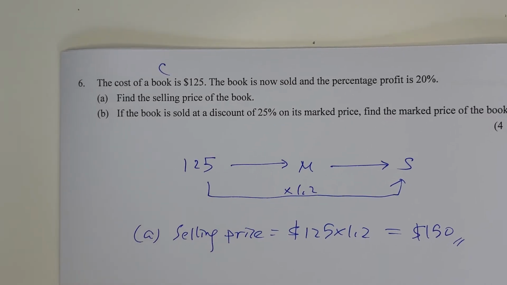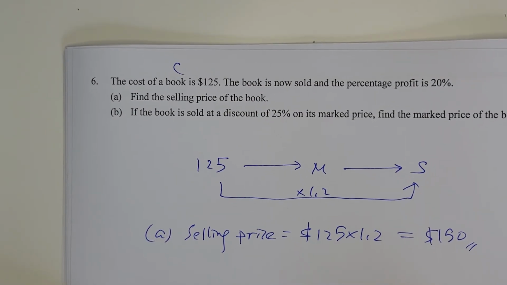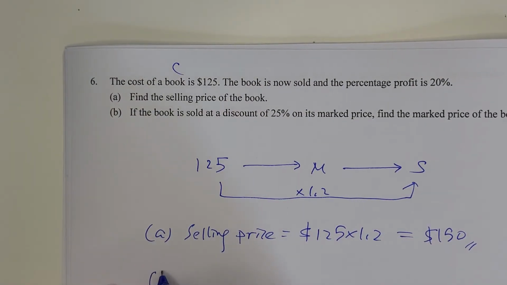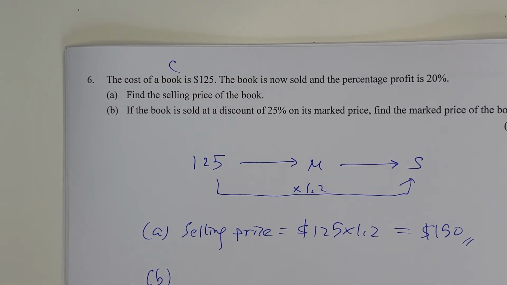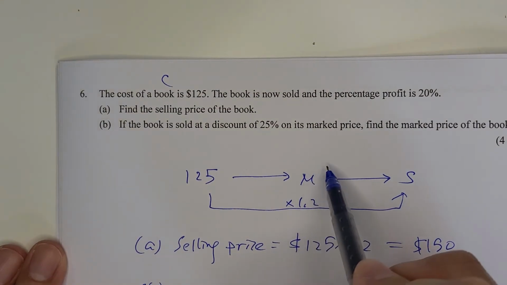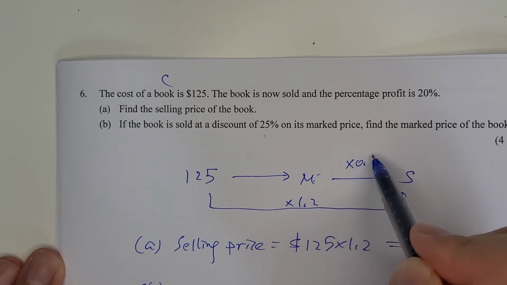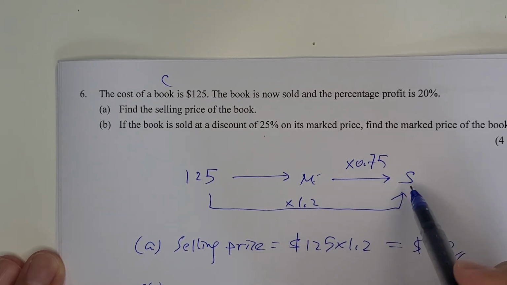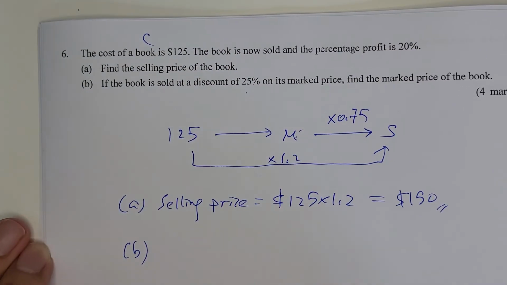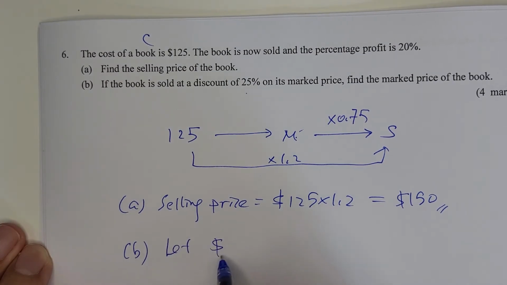Very straightforward. And B, if the book is sold at a discount of 25% on its mark price, find the mark price of the book. Suppose M is sold at the 25% discount. That means this one multiplied by 0.75 will equal the selling price. Okay, so we can let M be the mark price.